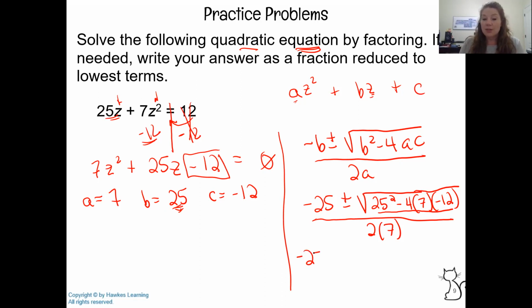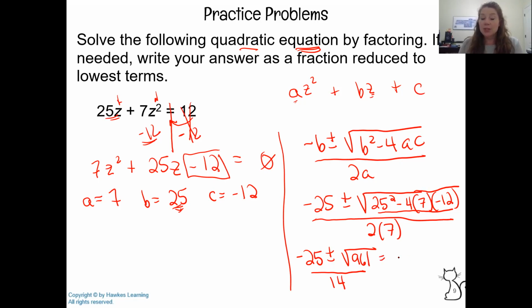So I'm going to do -25 plus and minus the square root of 961 over 2 times 7, which is 14. Well, now I'm going to figure out what is the square root of 961, and the answer is 31. That happens to be a perfect square.